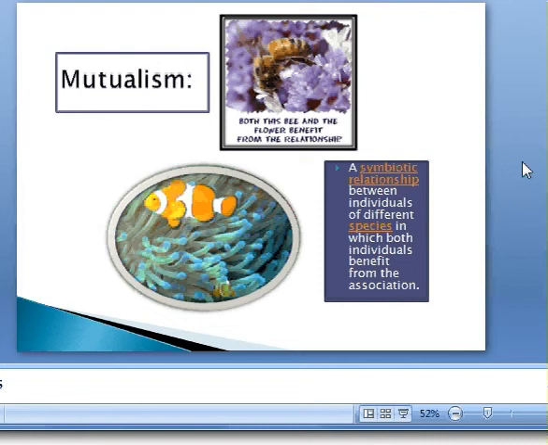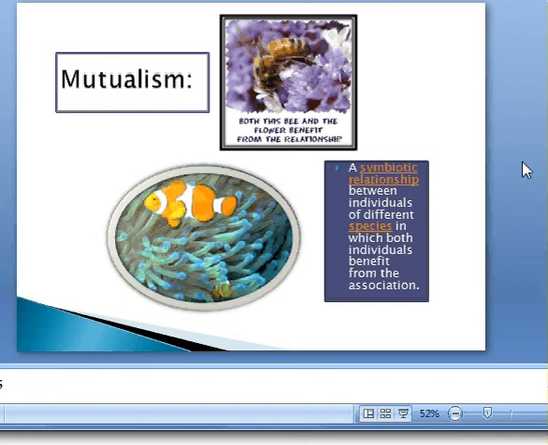And then also the sea anemone is benefiting because the little invertebrates that can grow on the sea anemone can be harmful to the sea anemone. And so as the clownfish is eating those off, it benefits the sea anemone, benefits the clownfish.